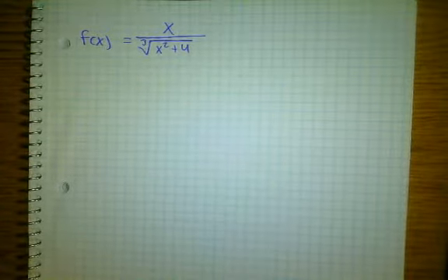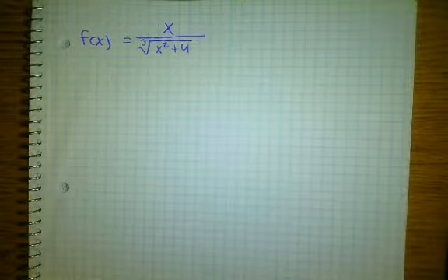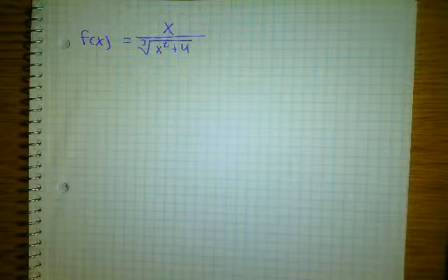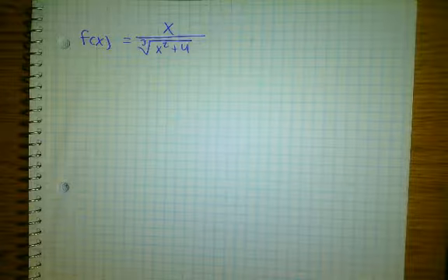This will be a quotient and a chain. Can we all see how this is a quotient? Do you recognize where the chain will be located? The denominator. Agreed? Okay. How can we make this problem a little easier from the beginning?